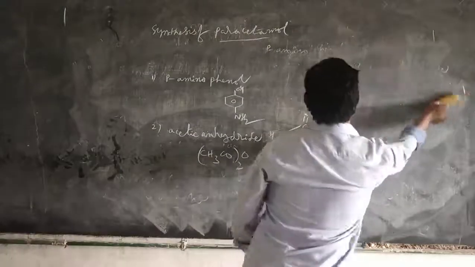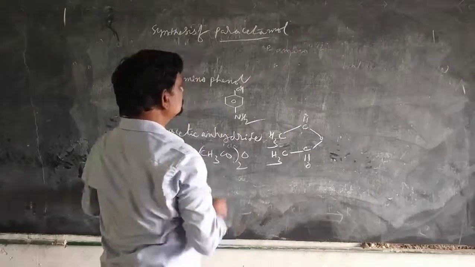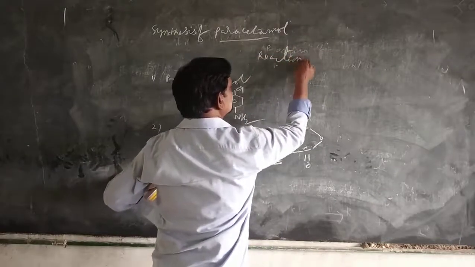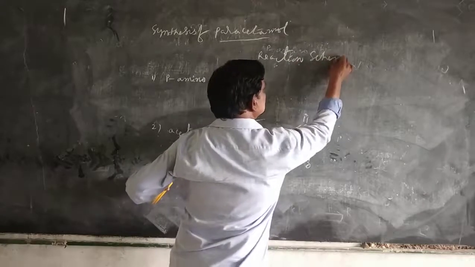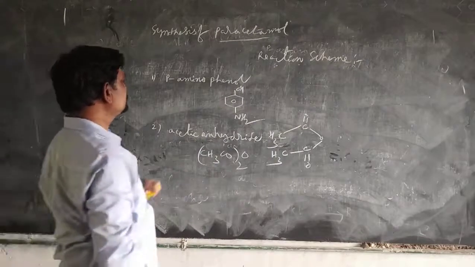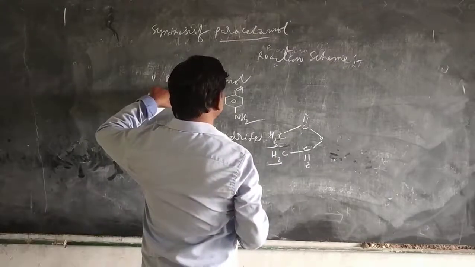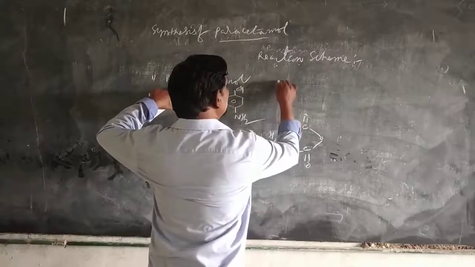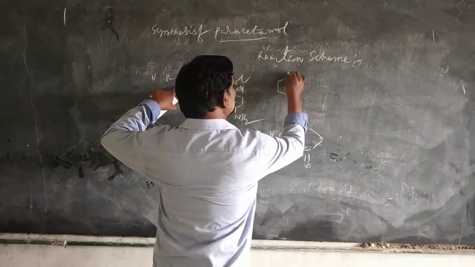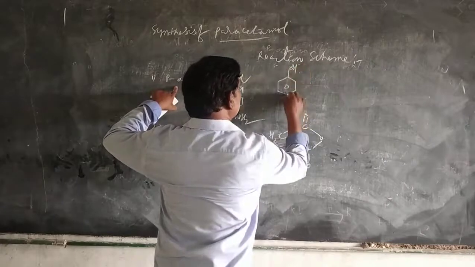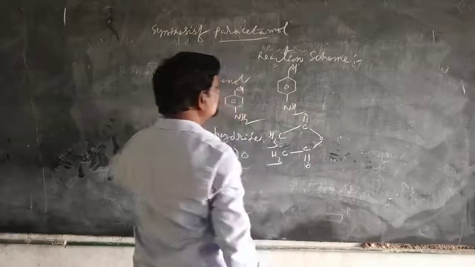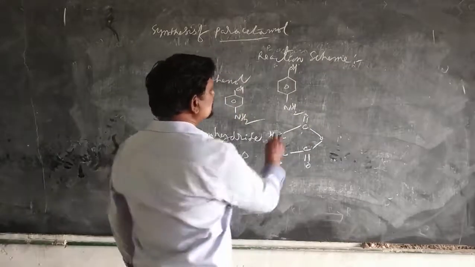So what is the reaction scheme? Initially, the basic substrate molecule is para-aminophenol: a benzene ring attached with OH group and, at the para position, connected with the NH2 group.